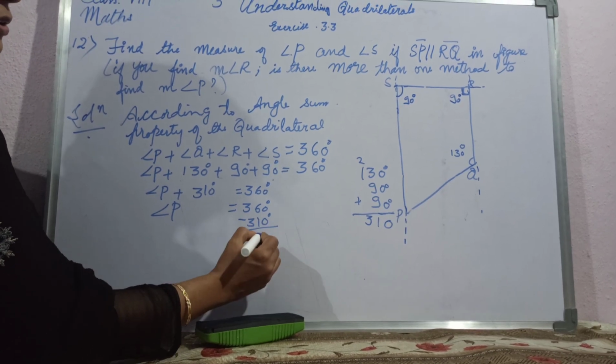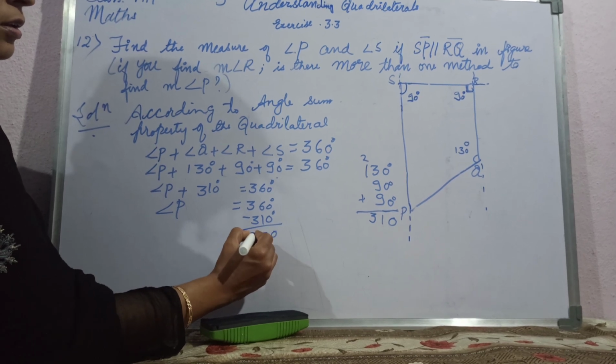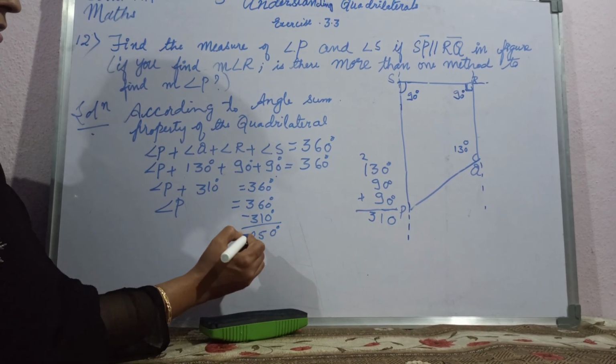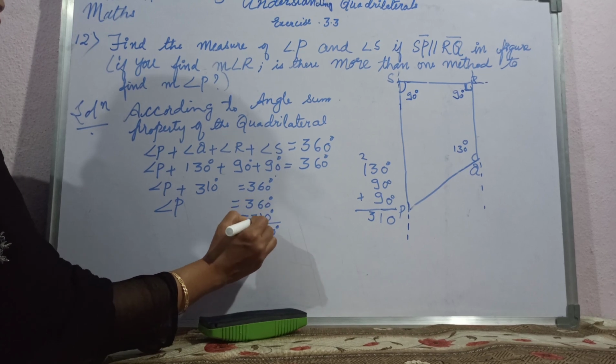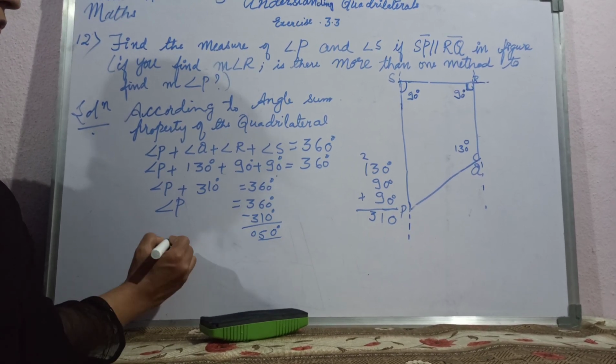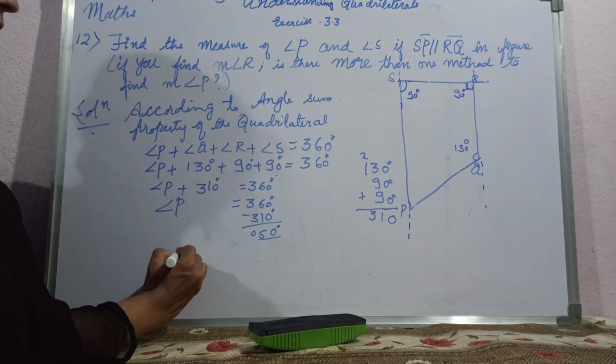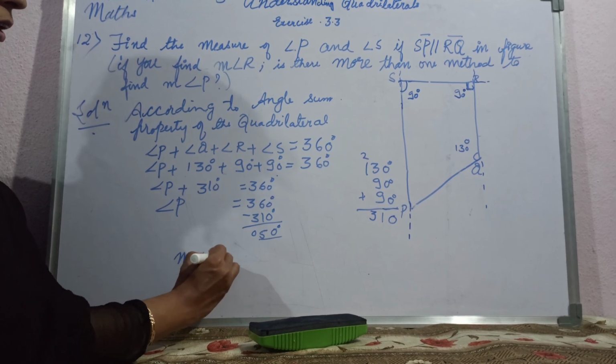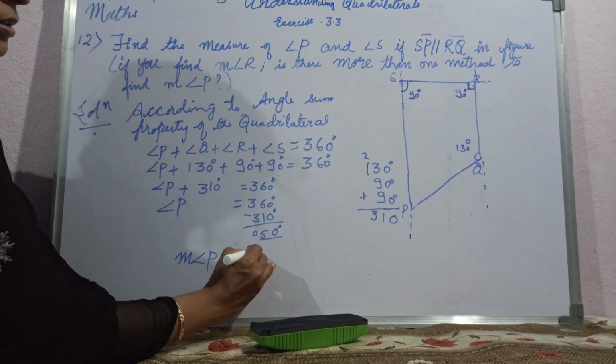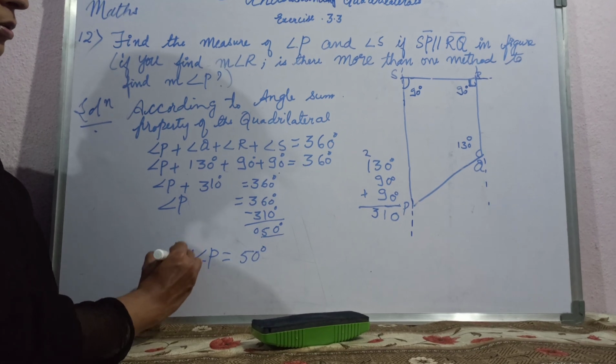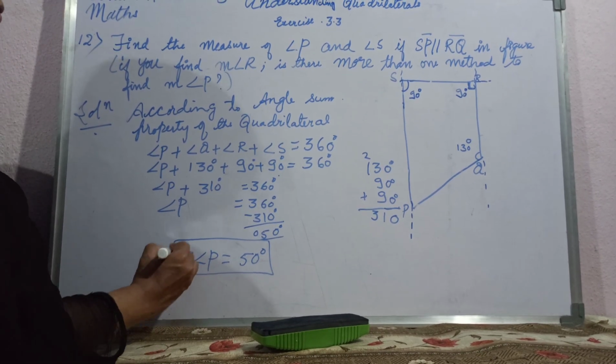Therefore 360 minus 310 gives you 50. So you can see in the other way we found the measure of angle P, which is again 50 degrees. So we found it in two different ways.